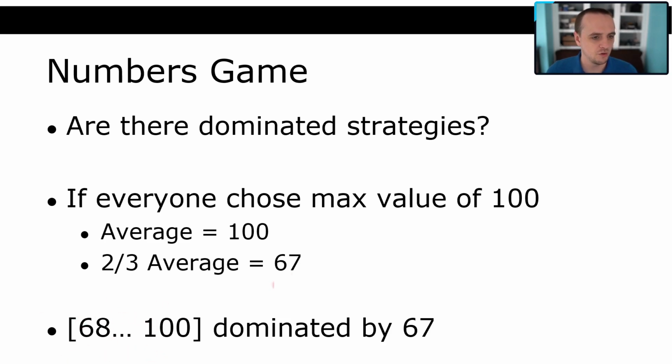Okay? So, if I ask you on an exam what the dominated strategies are and why, it's because if you choose any number from 68 to 100, 67 is just a better choice. Okay? It's just better. You can't do better than 67 by picking above 67.